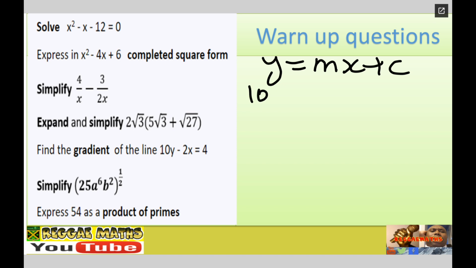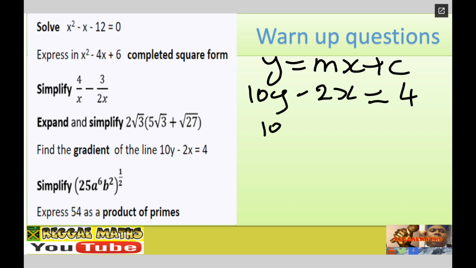So we have 10y minus 2x equals 4. I need to get all the x's on one side so I can isolate y.